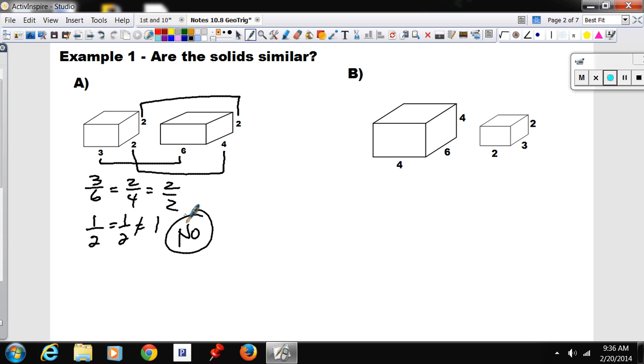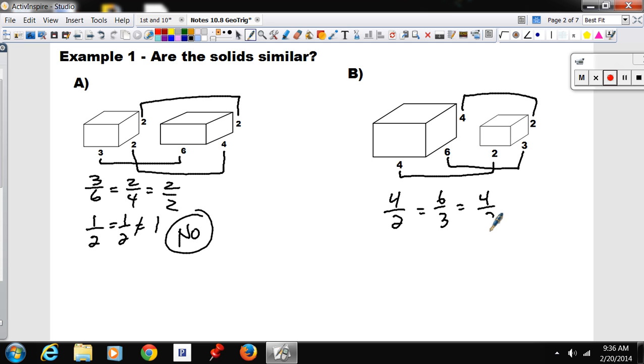And you can kind of tell they're a different shape because one doesn't go in proportion to the other ones. Now in this one you've got 4 corresponds to 2, so you could put 4 over 2. You could do 6 corresponding to 3. And this 4 corresponds to that 2. So all of these are going to reduce to 2. What that tells me is that they are similar. They're not congruent, they're similar.